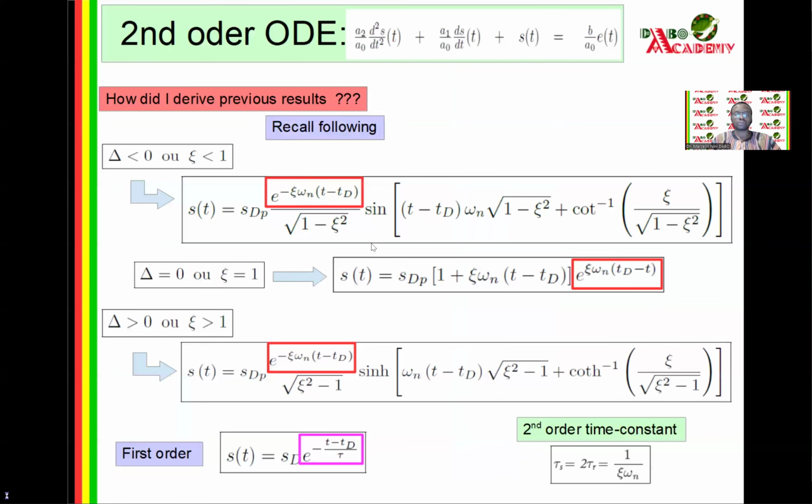Of course, because I talk about identification, going from this paradigm, I will present you how to make identification of a second order system. And from that identification, how it is possible to derive even the damping ratio and the natural pulsation of our system.